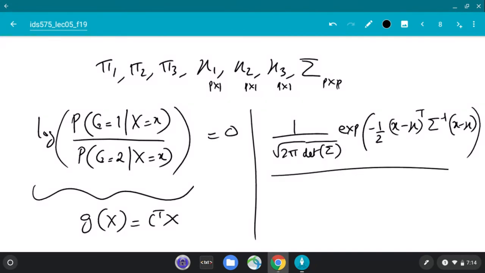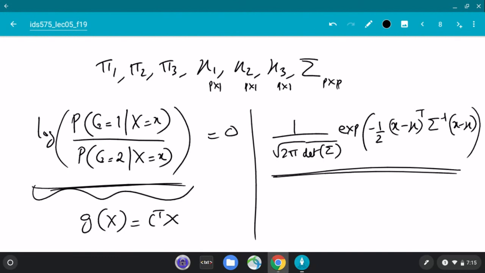In high dimension, if you use this expression, we just saw the left hand side, where each term we know exactly what its expression is in terms of Bayes rule. The right hand side is some function of x. What is critical here is that this is a quadratic function of x.